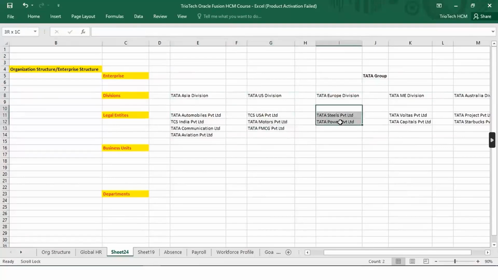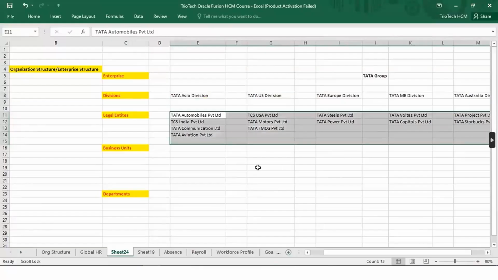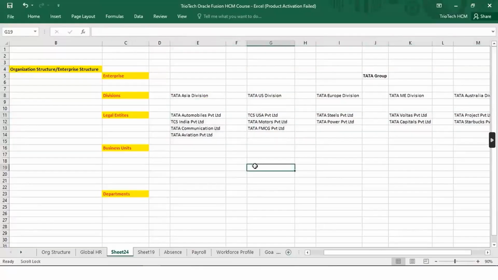Then Europe, these 2. Then Middle East, these 2. Then Australia, these are the 2 legal entities we have. So like this, team, across the divisions, we have these many legal entities operating, team. So we have to configure them in the system as legal entities.